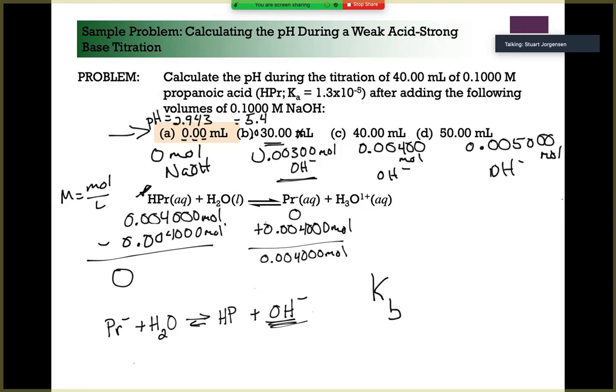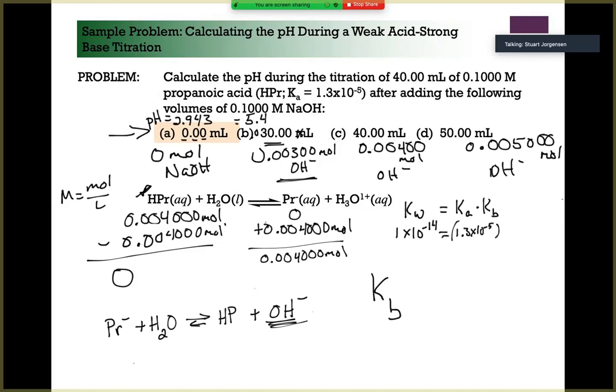Because we're making some hydroxide, we need to find the Kb. But good news, Kw, which is a constant, 1 times 10 to the negative 14th, never changes, equals Ka times Kb. We know our Ka from the problem was 1.3 times 10 to the negative 5th.